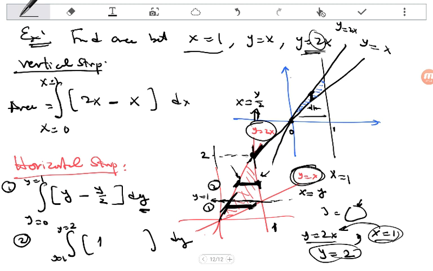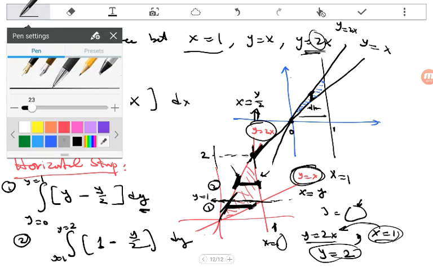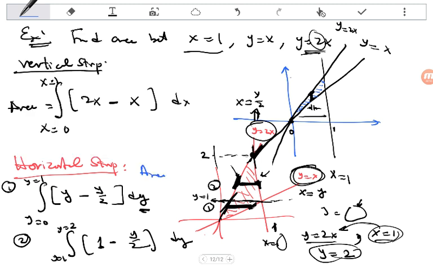X equals 1, so it is just 1, minus the left curve, which is y over 2. So now what would be the area? The total area will be the result of the first integral plus the result of the second one. Okay?